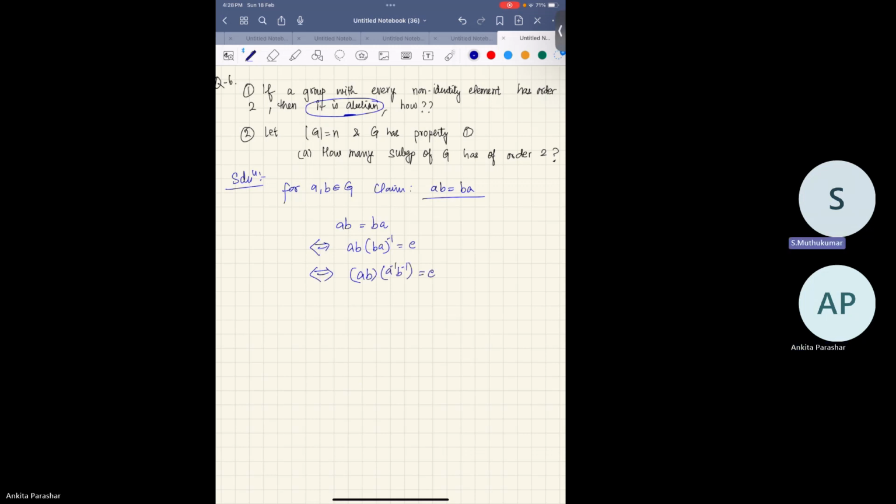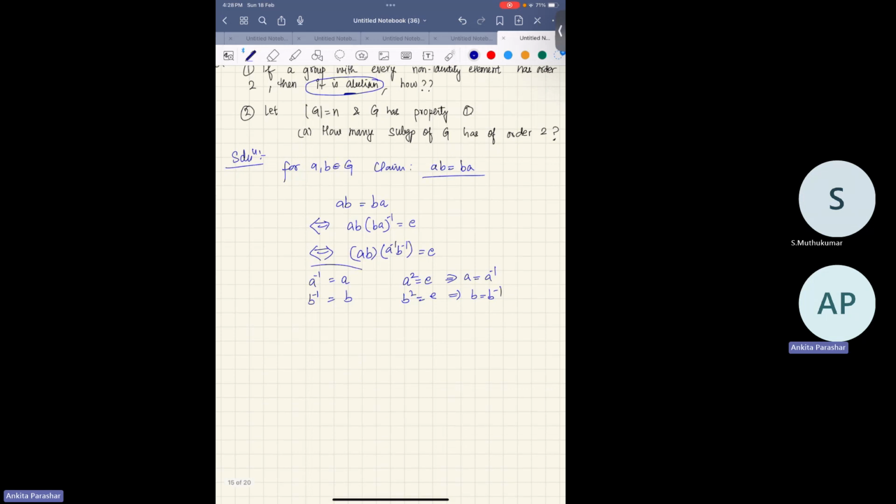Is this okay? Now, can you simplify something? What is A inverse, what is B inverse? They are the same element. Why? Because every element is of order 2, so A squared is E, exactly, B squared is also E. Therefore, we get that AB times A inverse is A, B inverse is B.